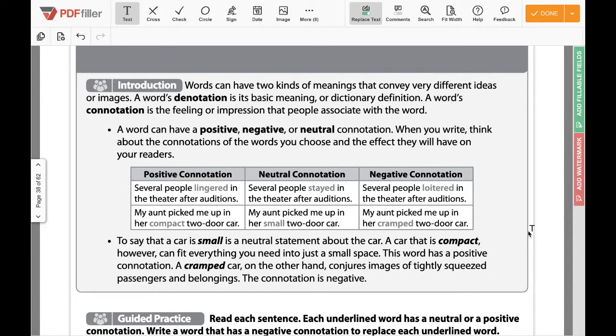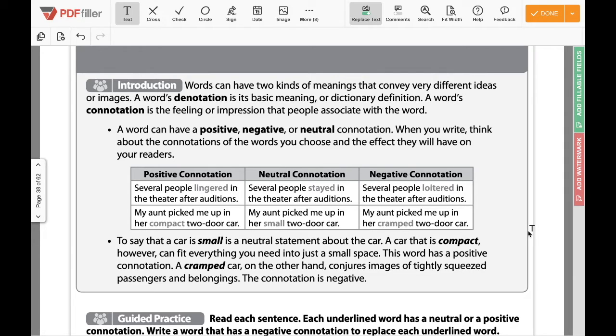For positive connotation, it says several people lingered in the theater after auditions, and my aunt picked me up in her compact two-door car. So all of these are saying the same thing, but based on the word that you have, it changes how you might interpret the sentence.